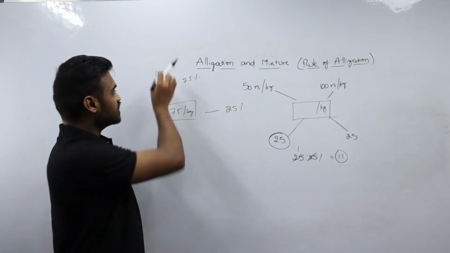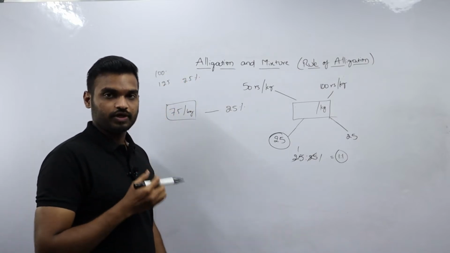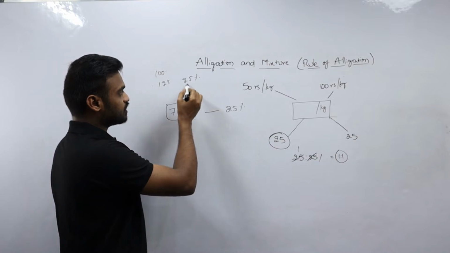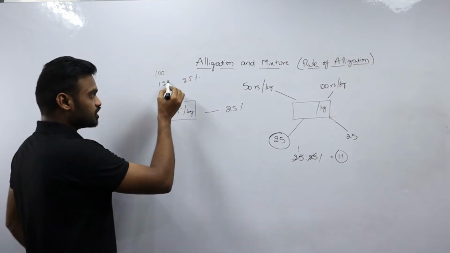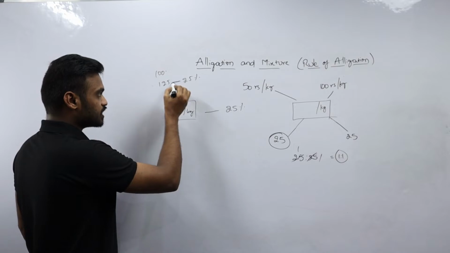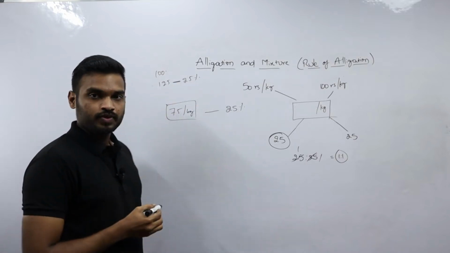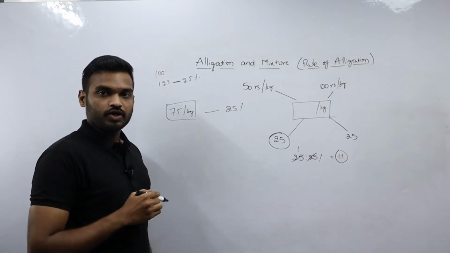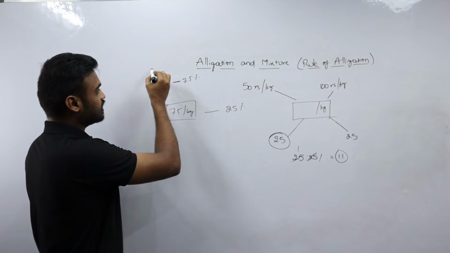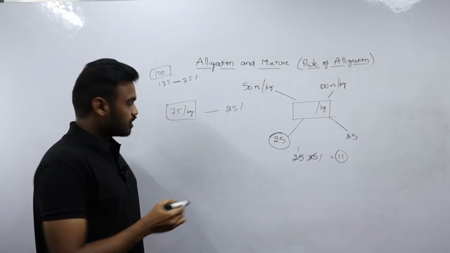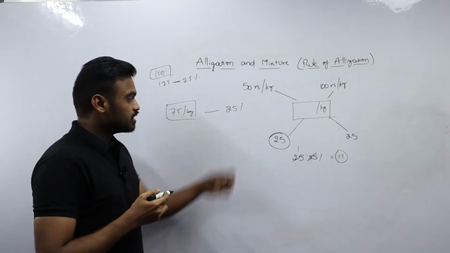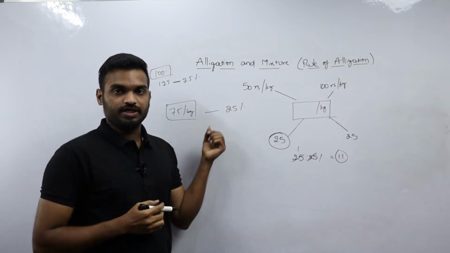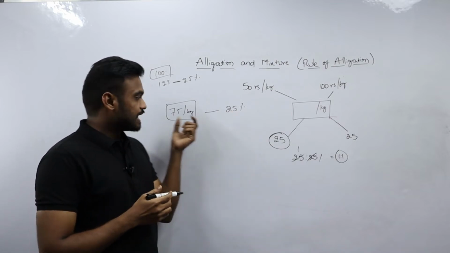This 125 rupees is the price after making 25% profit, but before making the profit, the actual price is 100 rupees. In this scenario also, 75 rupees per kg is the price after making 25% profit, but not the actual price.